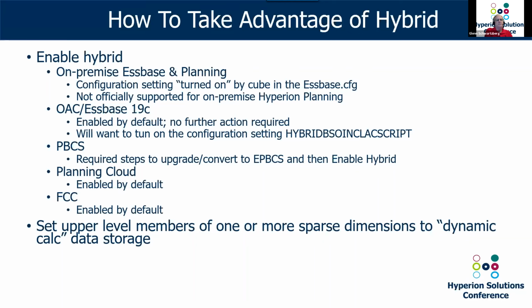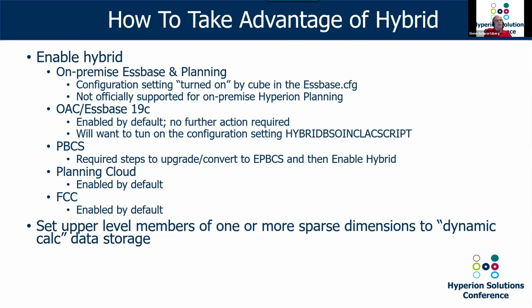So if you're in the old PBCS before they went to the new arrangements, there were required steps that you have to do in order to upgrade it and convert to an ePBCS application, and you actually had to get Oracle to turn it on for you.